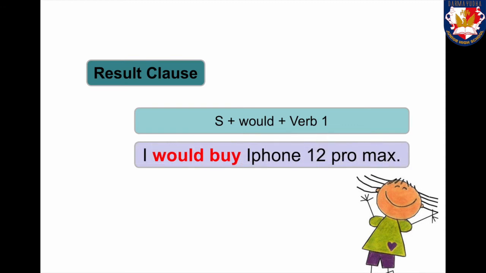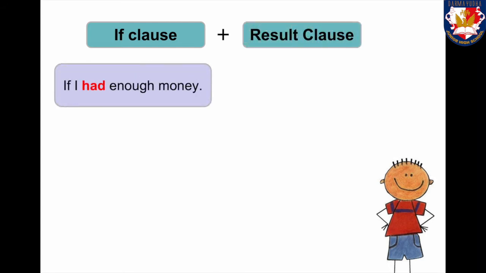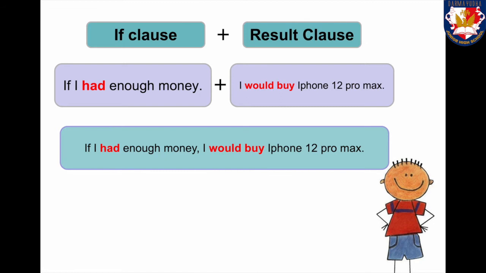I would buy iPhone 12 Pro Max. If we combine the if clause and the result clause, if I had enough money with I would buy iPhone 12 Pro Max will become, if I had enough money, I would buy iPhone 12 Pro Max.